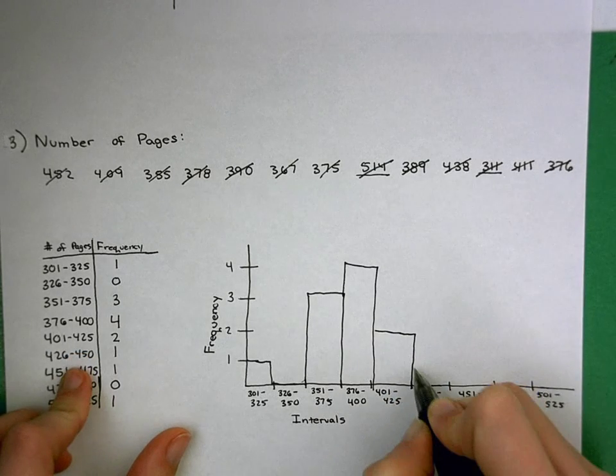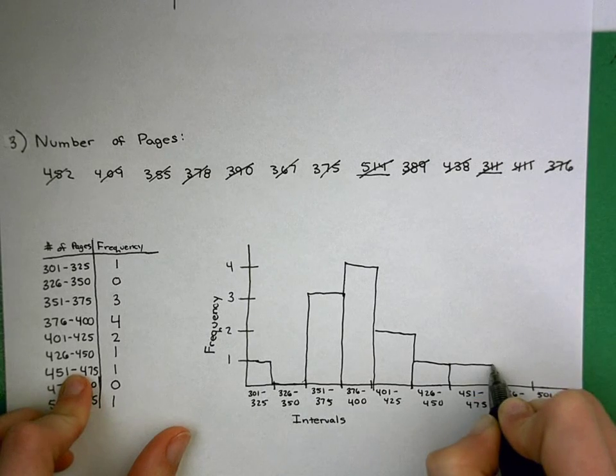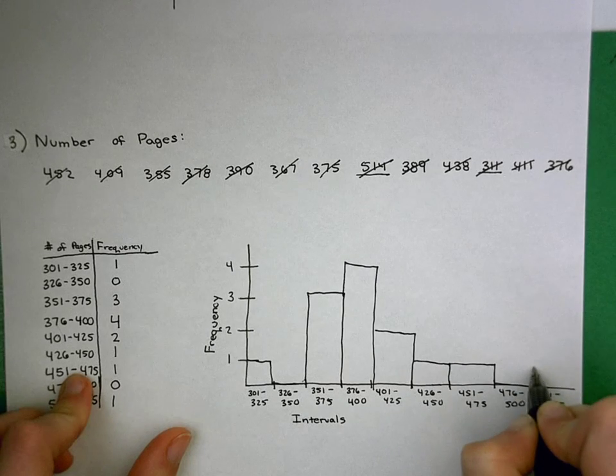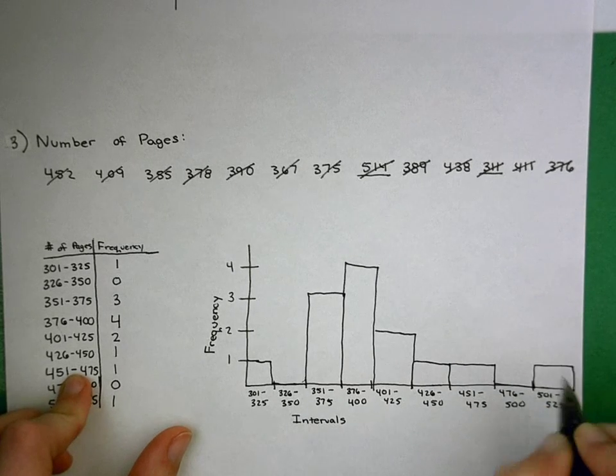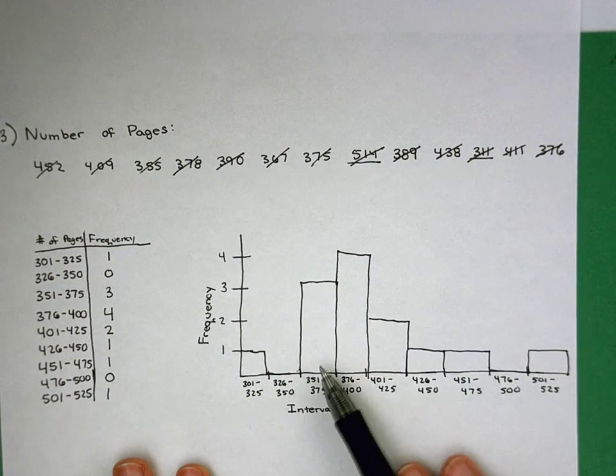And then 1 time, 1 time, 0 times, and 1 time. Alright, so we're just putting for our bars here these frequencies. And there's our histogram.